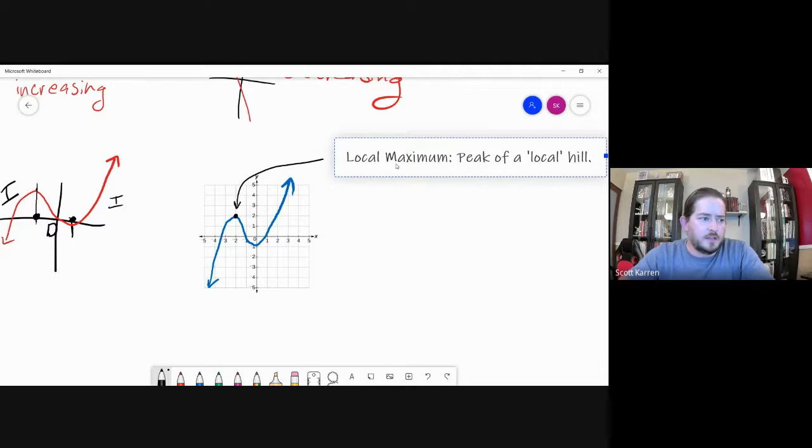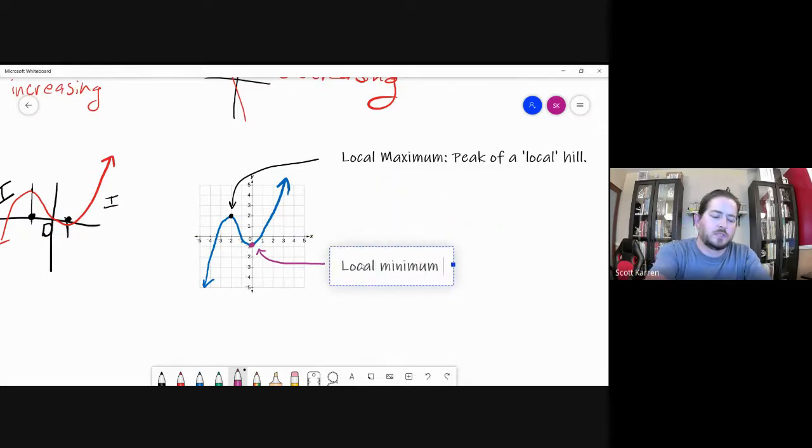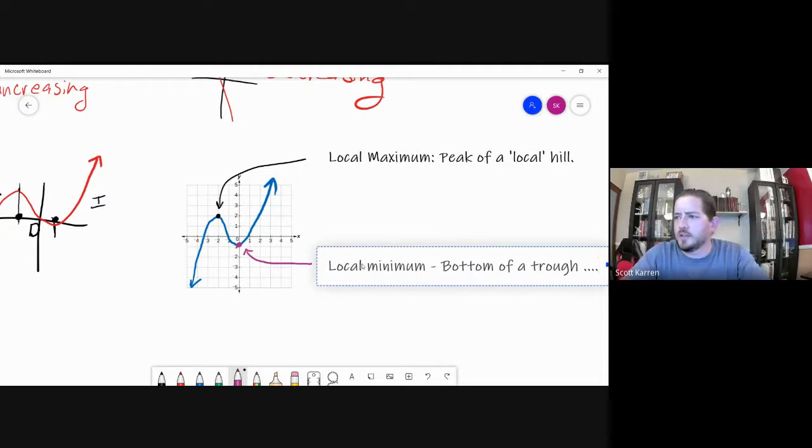On the other side of this, we had this little point here that was not included. This is neither increasing nor decreasing, but it's at the bottom of the trough. And so this is called the local minimum, which is the bottom of a trough, or whatever you want to call it, right?